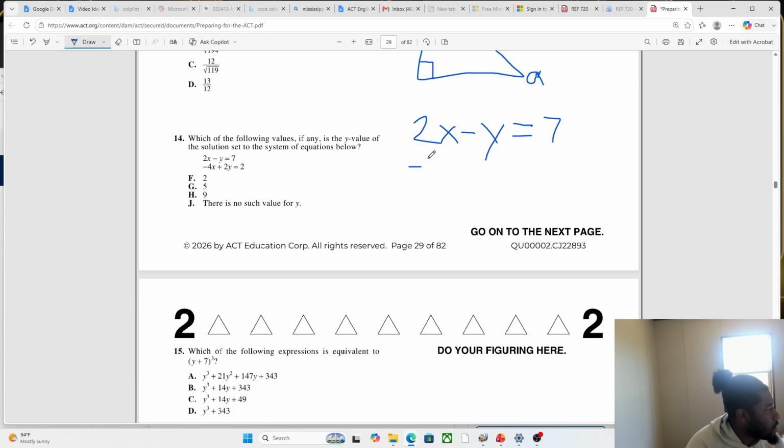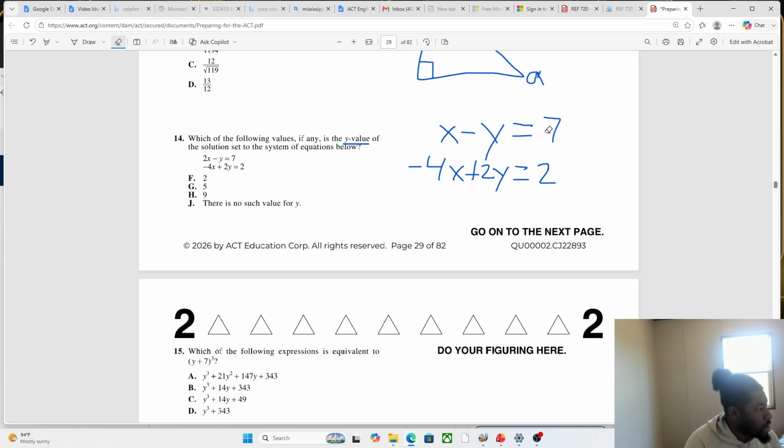And negative 4x plus 2y equals 2. All right, cool. So when you eliminate, you're trying to find the y value, so we need to eliminate our x values. So I'm going to multiply this top equation by 2, and that's going to be 4x minus 2y equals 14.